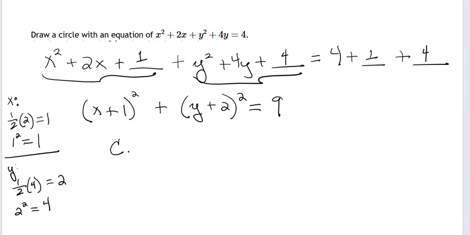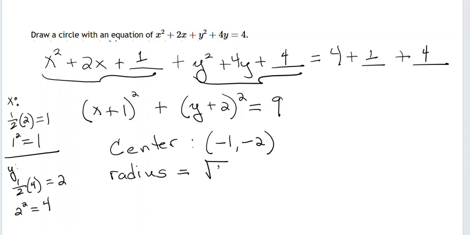So the center for this circle is -1, -2, and the radius is equal to the square root of 9, which is 3.